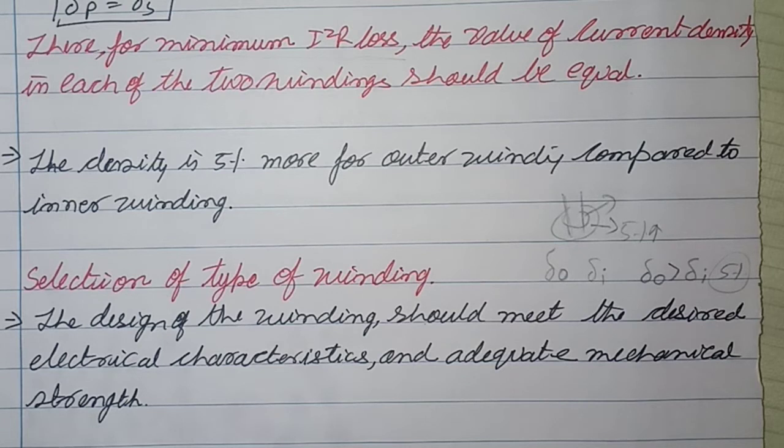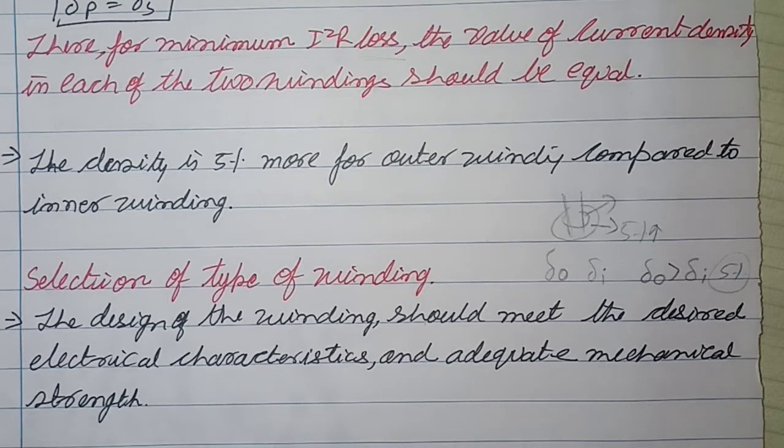So the main thing when we are designing the winding, the most important thing that we should consider here, is that it should meet the desired electrical characteristics, and it should also be able to withstand mechanical stresses. That is what we have seen even in the limitations in the beginning, the mechanical limitations.